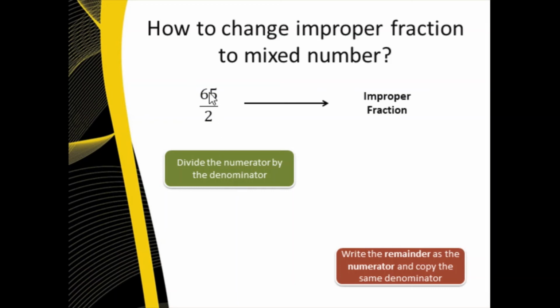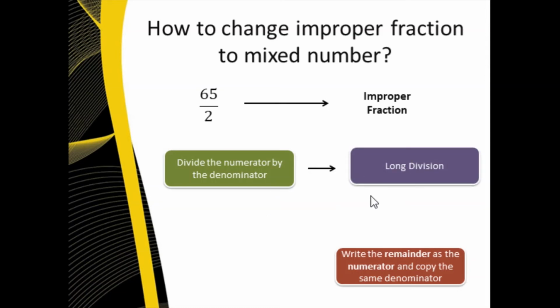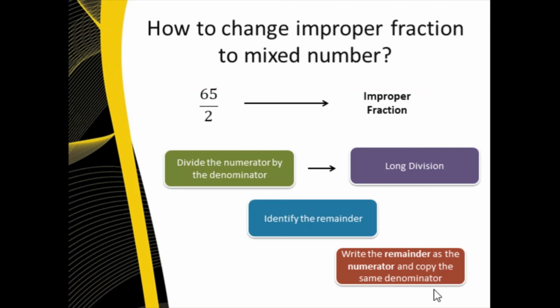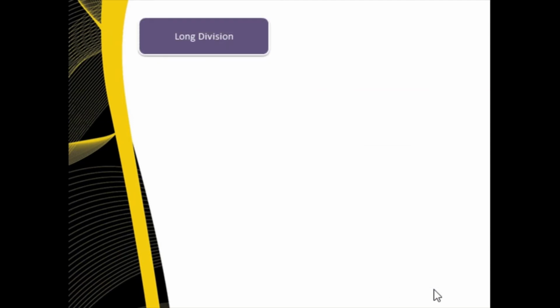That is 65 divided by 2. You use the long division for this process. And then identify the remainder. And lastly, write the remainder as the numerator and copy the same denominator. To make it clear, look at the example.